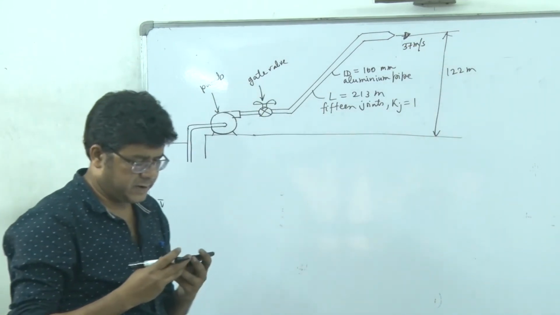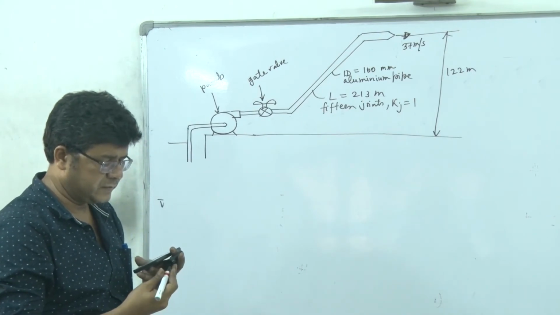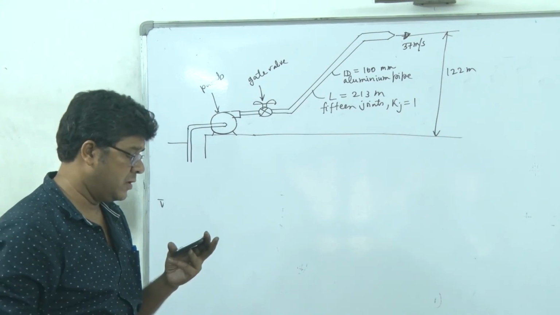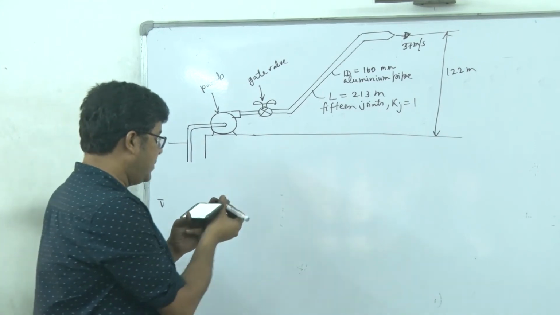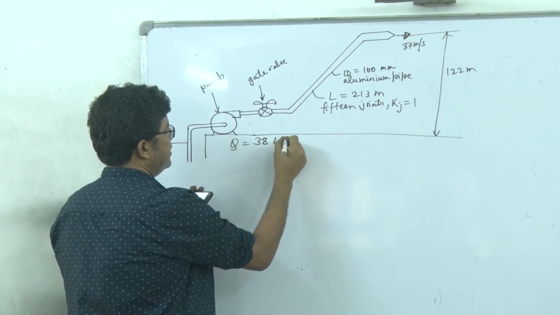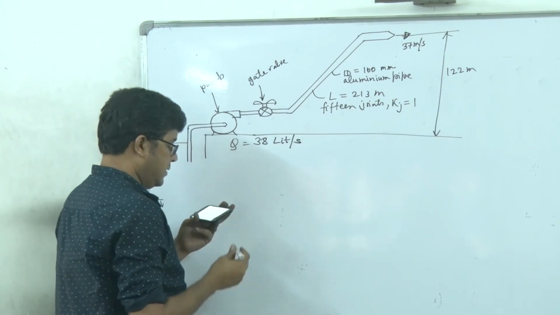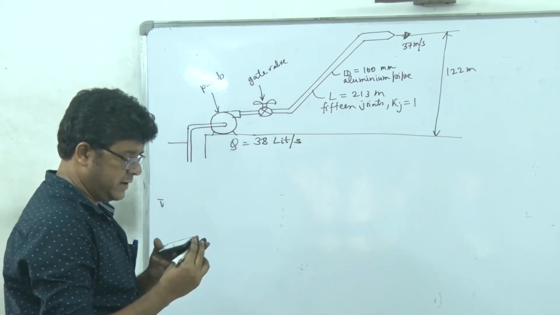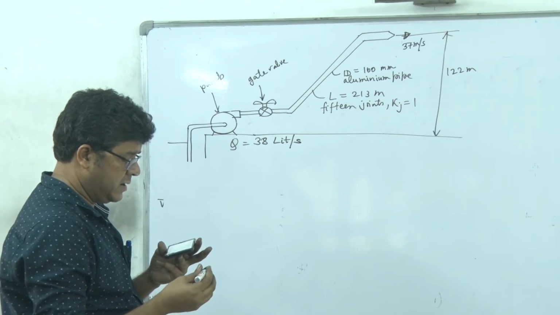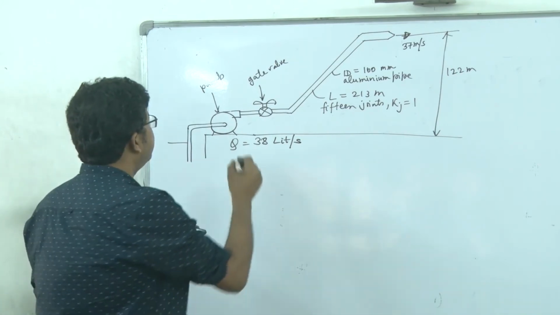So what is the statement? Cooling water is pumped from a reservoir to a rock drill on a construction job using the pipe system shown. The flow rate must be 38 liter per second, and the water leaves the spray nozzle at 37 meter per second. Calculate the minimum pressure needed at the pump outlet.